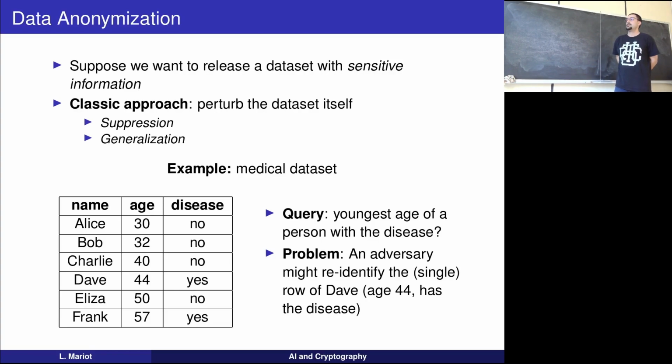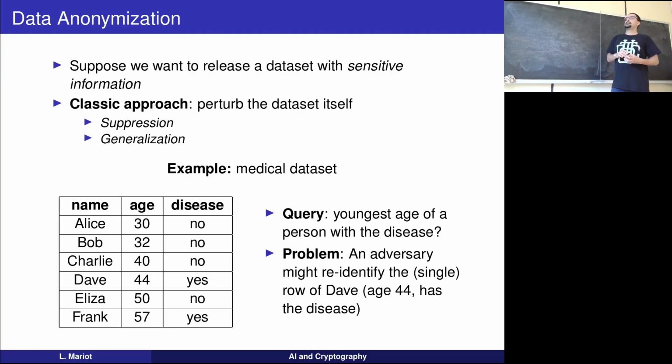For example, if you have this particular database, very simple, with 6 rows, where you have names of patients inside a hospital, their age, and whether they have a particular disease or not. You could come up with a query like, I want to know what is the youngest age of a person that has that particular disease. And maybe we did some suppression on the name attribute, just cancel out the name, and with that, I'm sure that there won't be any possibility to reconstruct the single record.